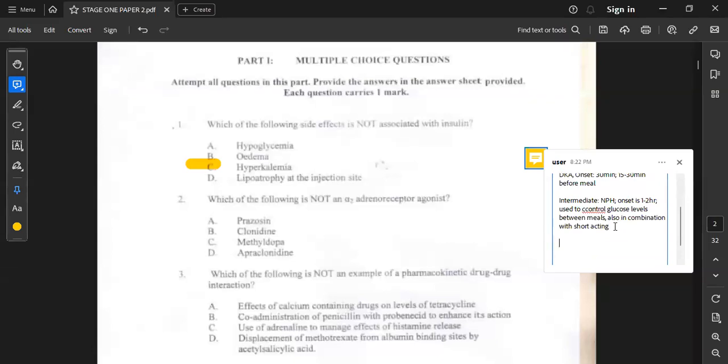I'm not sure if I'm right, but I think the intermediate is the one we were giving at bedtime. I think that's the other one, long acting. Another thing for intermediate, it usually has protamine, which causes a longer duration of action of the insulin.